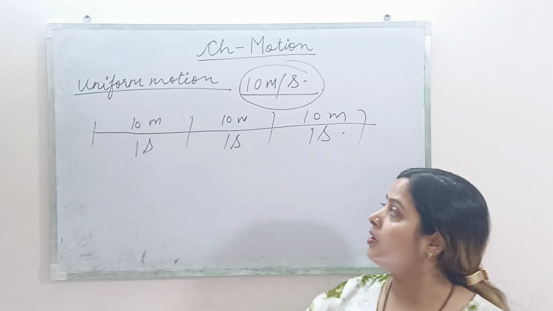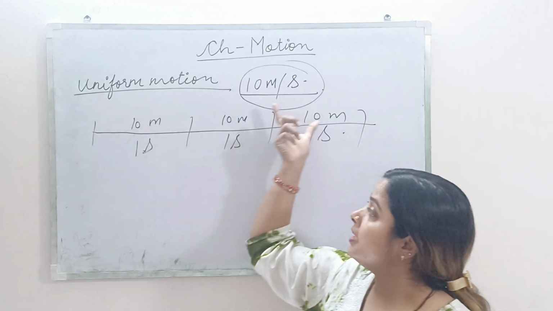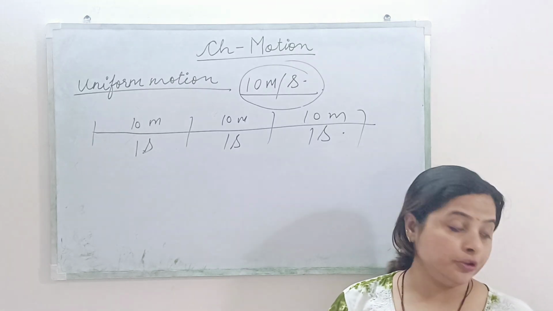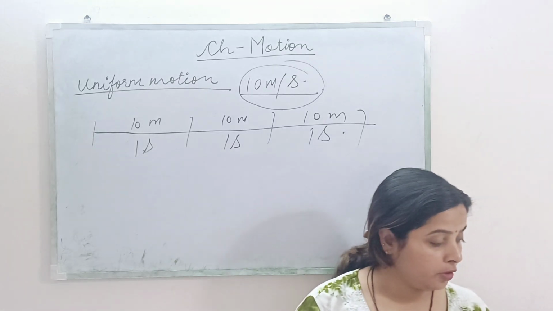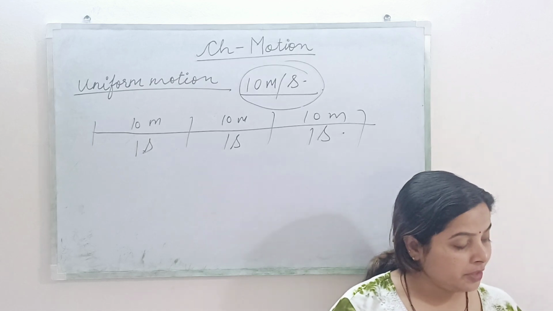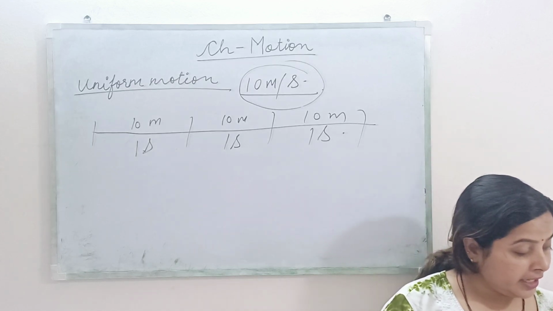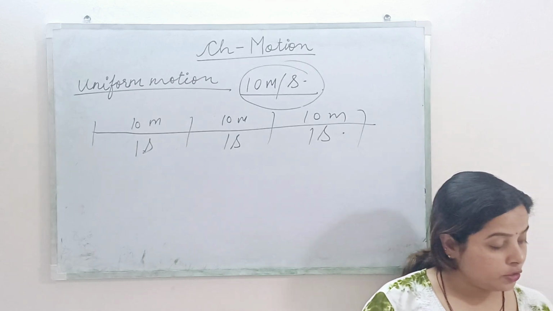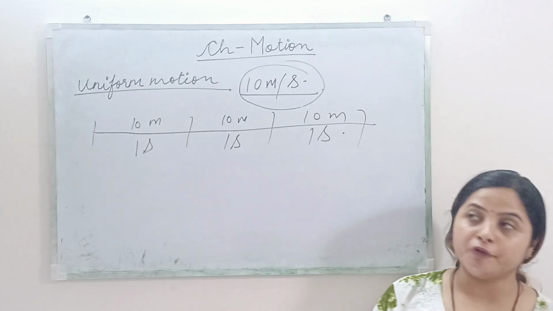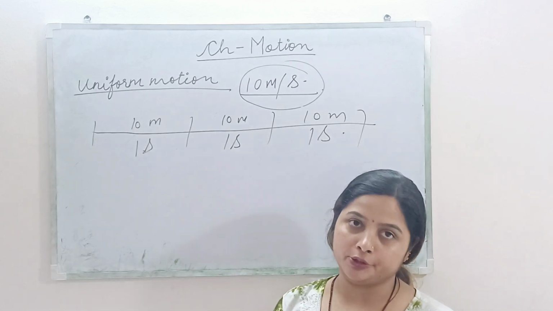And when a body covers equal distances in equal interval of time, then it is known as uniform motion. Same thing is given in the book, that if a body is having a constant speed of 10 meter per second, okay, then it will cover equal distance of 10 meter every second, and so its motion will be a uniform motion. I hope it is clear to you.